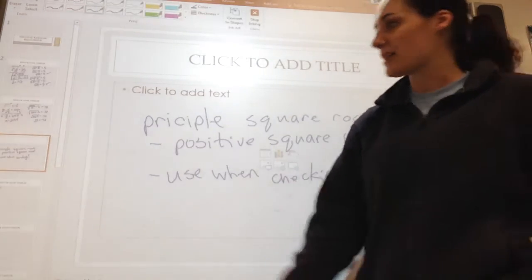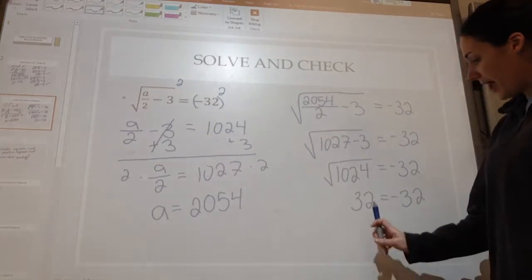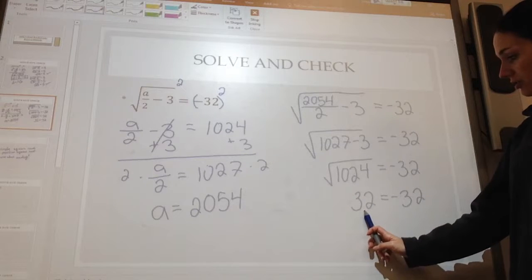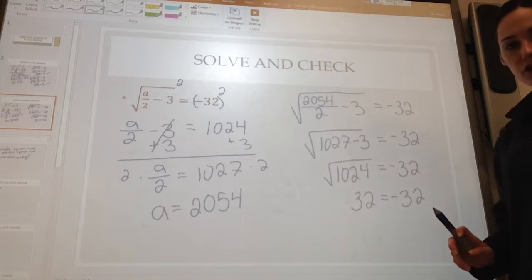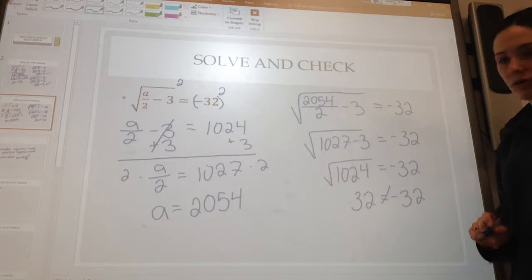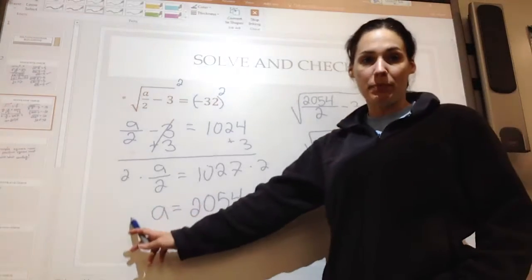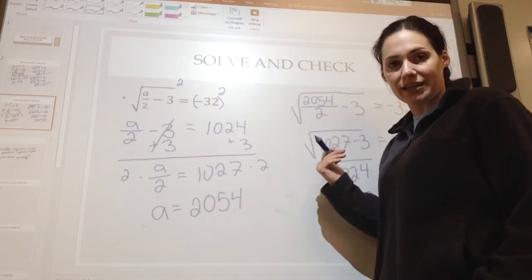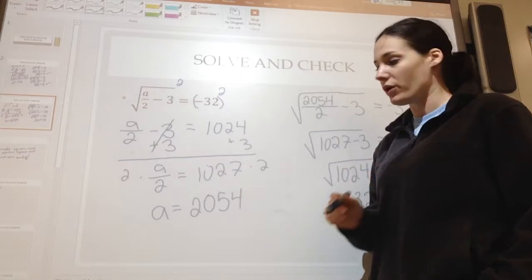I'm going to go back to that last problem. So for this one, in the check, I used the principal square root because it's in the check, that's 32. But that's supposed to equal negative 32, that doesn't work. So I'm going to put a slash through here that does not equal, which means this apparent solution is an extraneous solution. It didn't actually work when I checked it because it didn't work in the principal square root.